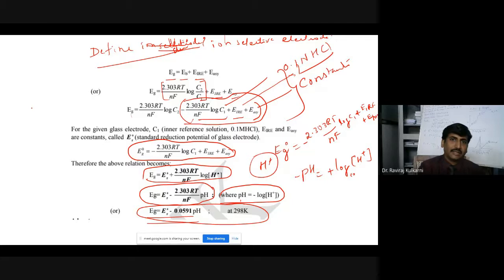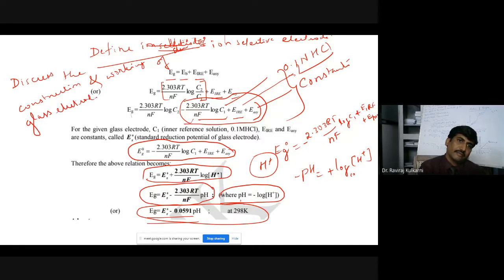And then they may ask: discuss the construction and working of glass electrode.